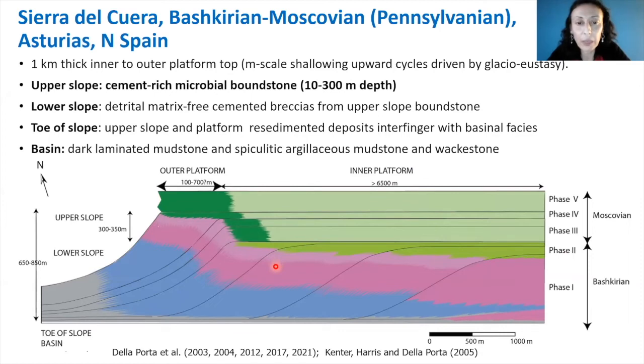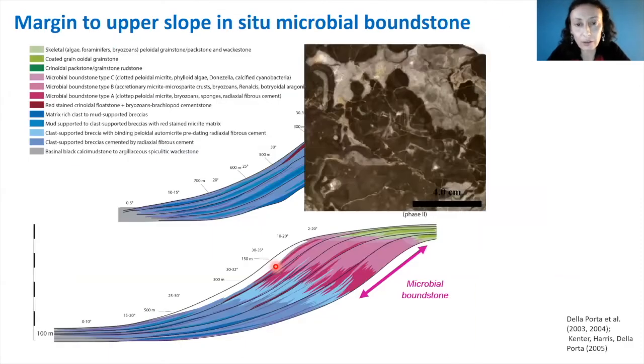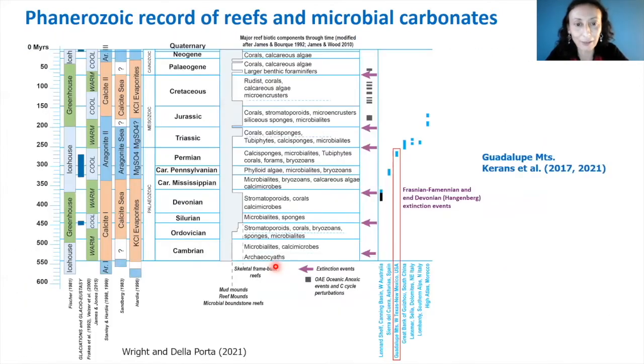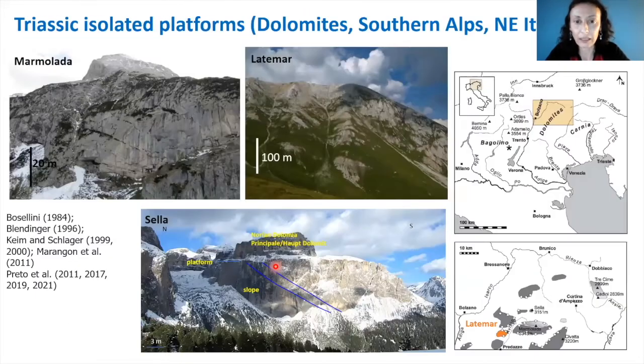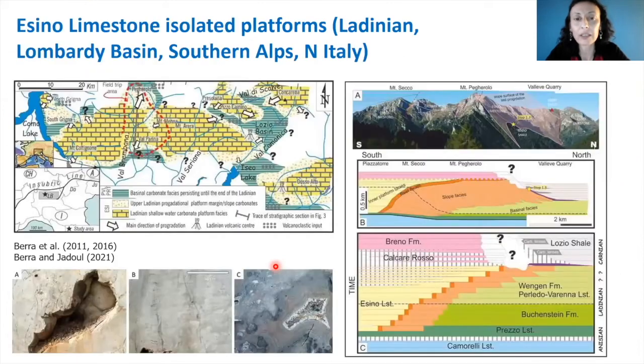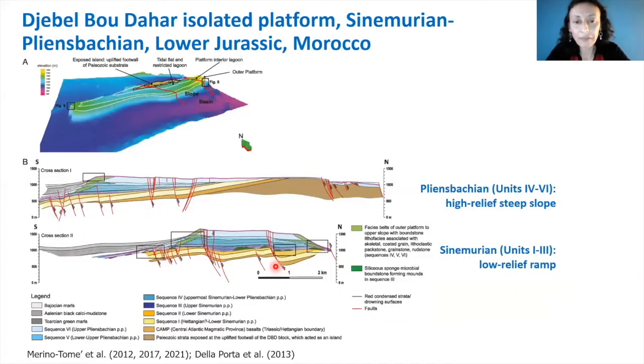Where instead we have seen retrogradation, sorry if I go up and down this slide, is in the Jurassic, in the Lower Jurassic, where there are coral reefs, because the Jebel Bou Dahar is affected by syn-sedimentary tectonics due to extensional activity for the opening of the central Atlantic. In this case, as you can see in this diagram, retrogradation is actually very important.